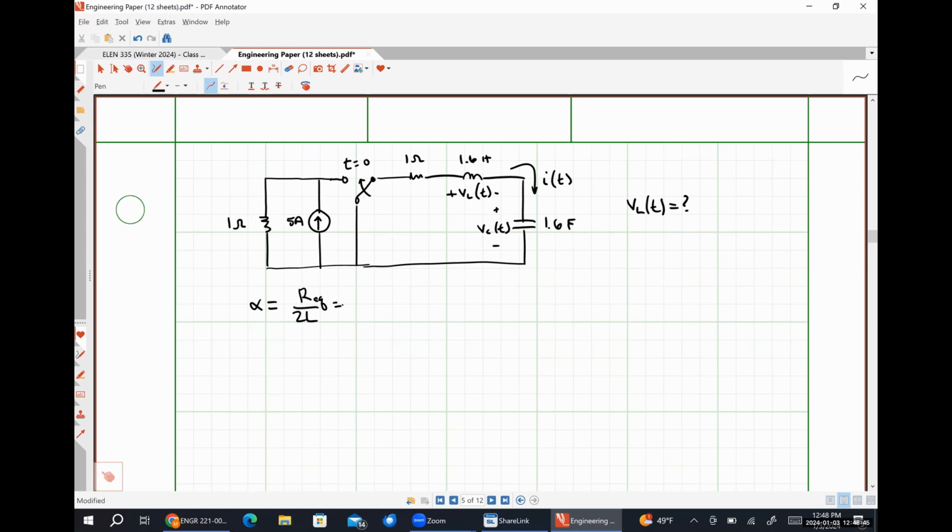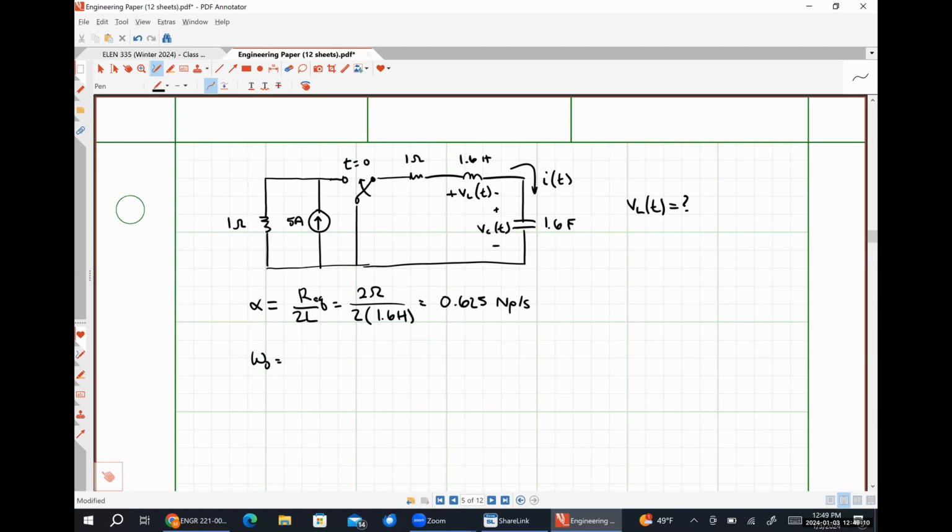So we would see 1 ohm in series with 1 ohm is 2 ohms. So I just want to be clear about that. So this is going to be 2 ohms divided by 2 times 1.6 Henry, which is 0.625 nepers per second.